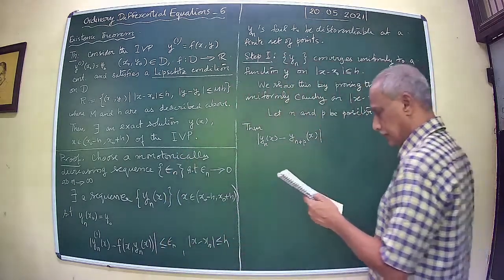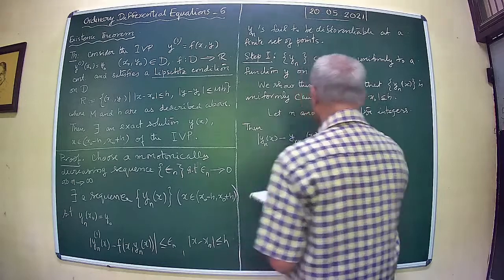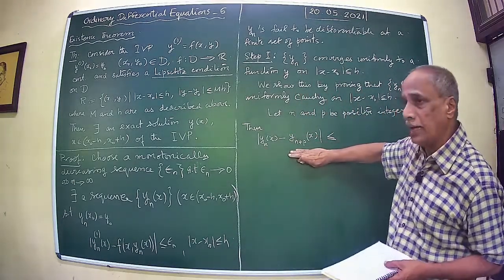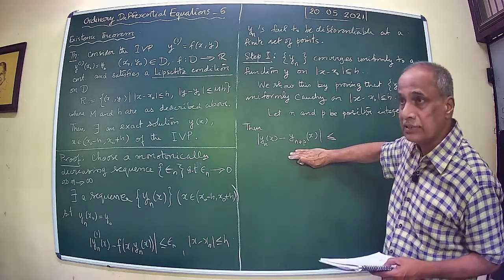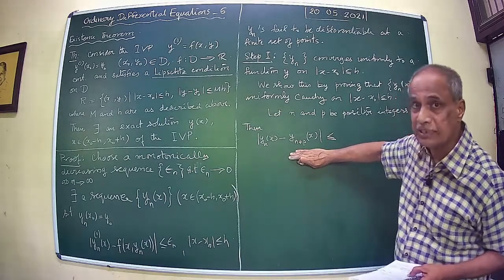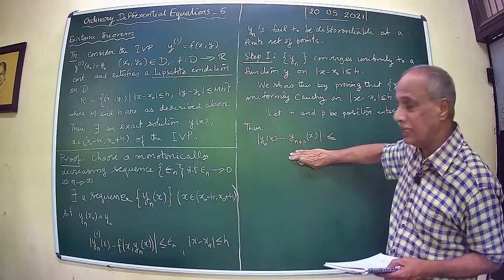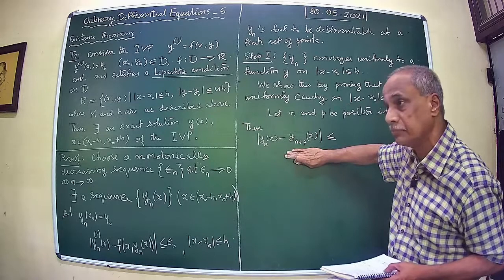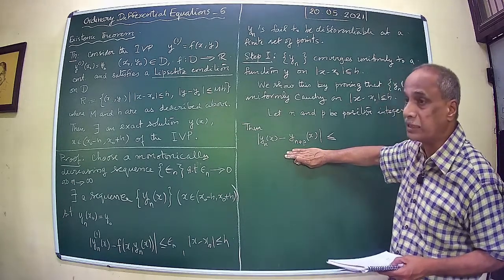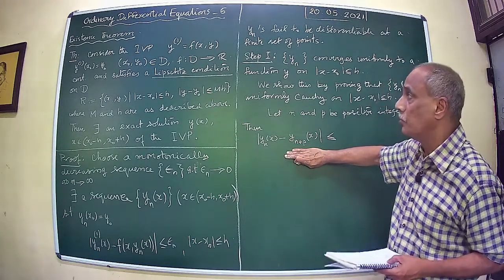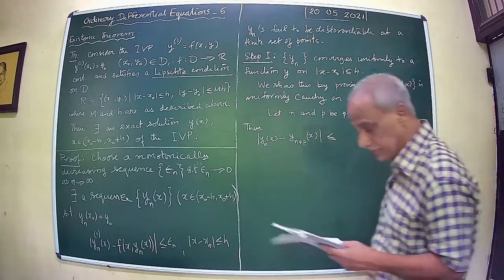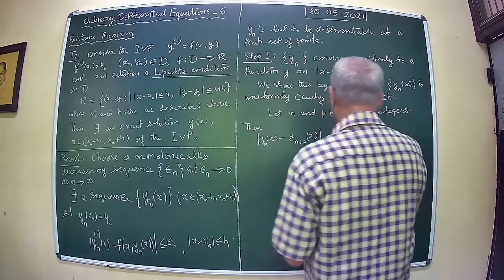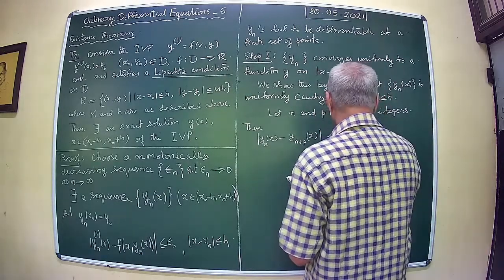This is less than or equal to, we are using, see, both y_n and y_{n+p} are solutions which satisfy the same initial condition. So what we do is we use the fundamental inequality. In the fundamental inequality, we take P to be y_n minus y_{n+p}. And you see that P(x_0) is 0 because both satisfy the same initial condition. Therefore, only the other term survives.